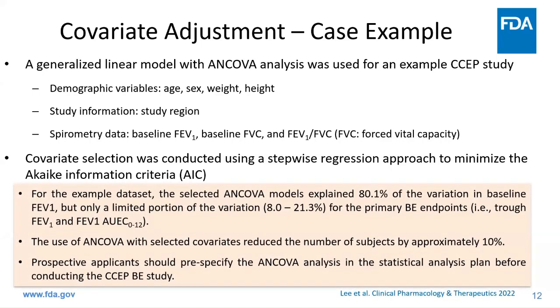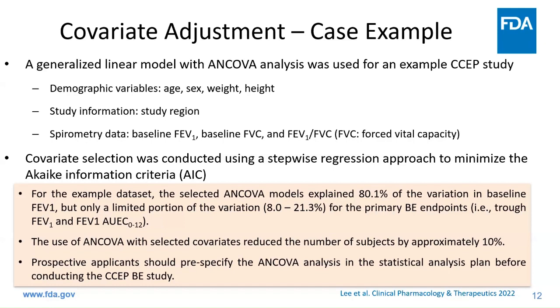Based on this example data set, the selected ANCOVA models can explain about 80% of the variability for the baseline FEV1, but only a limited portion of the variability, like 8 to 20%, for the primary endpoints: FEV1 AUEC and the trough FEV1. For this example data set, we found the use of ANCOVA with selected covariates can reduce the number of subjects by approximately 10%.